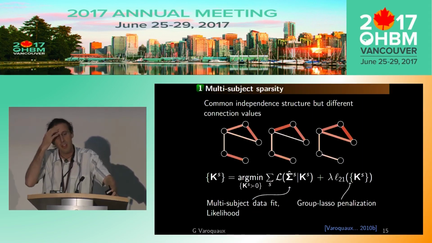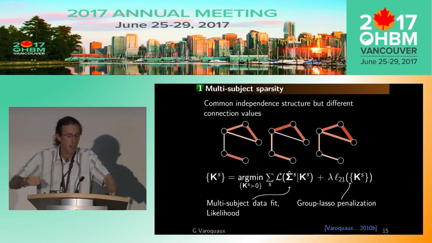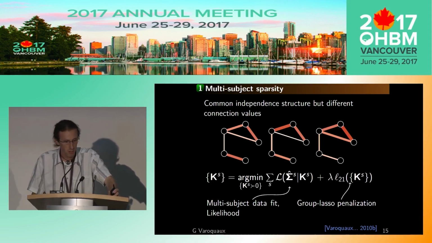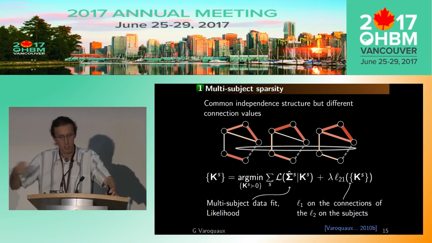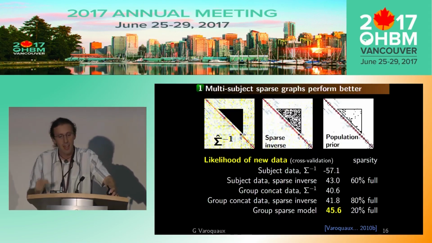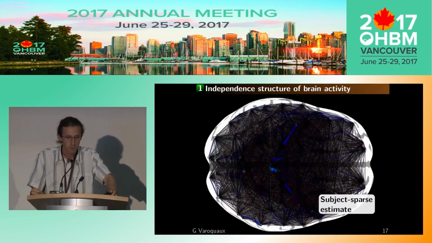So then, what we did historically was to say we're going to look for joint independence structure, but different values across subjects, and come up with a nice model to do this, which imposes joint sparsity across edges. It works better in the sense that it explains left-out data better, and it gives you a sparser model. So we were happy, and we thought that we had solved the problem.